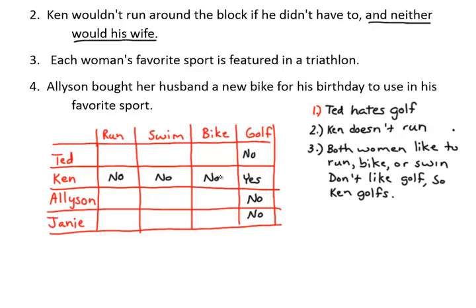Number 4, Allison bought her husband a new bike for his birthday to use in his favorite sport. So Allison bought her husband, so that means that a man has to bike. So a man bikes, so therefore Ted bikes.